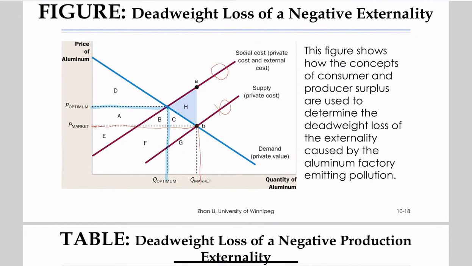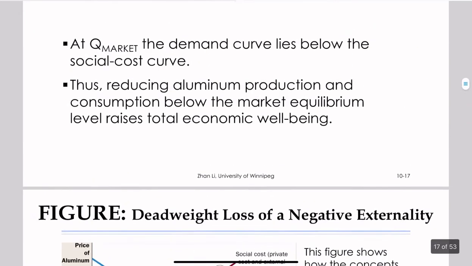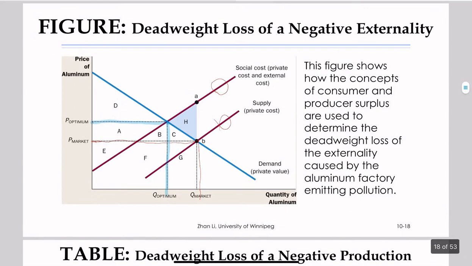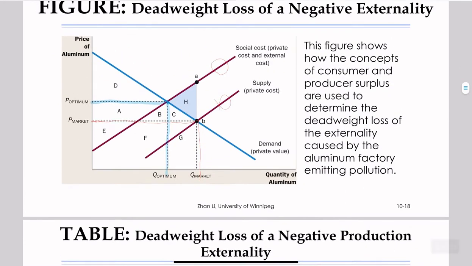And then I also briefly mentioned how you correct this negative externality. Well, this picture actually gives you some hint. Let's say this is an aluminum producer's supply curve, and this producer is polluting the environment. If you want to correct this negative externality, the government can impose a tax, right?